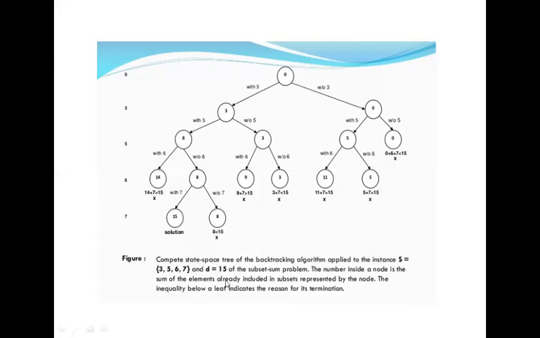Here in this way we are not getting a valid result, so we backtrack and consider without the 6 element, and we get the solution. What does it mean? We backtrack to get the previous subset and add another element to get the solution.